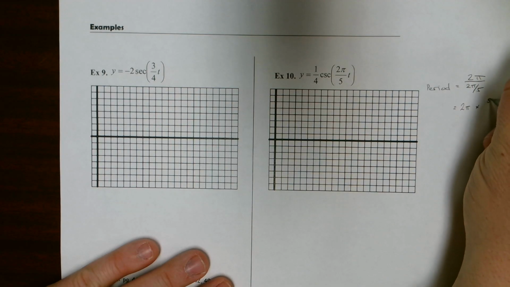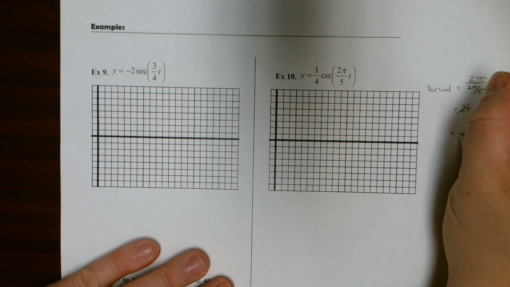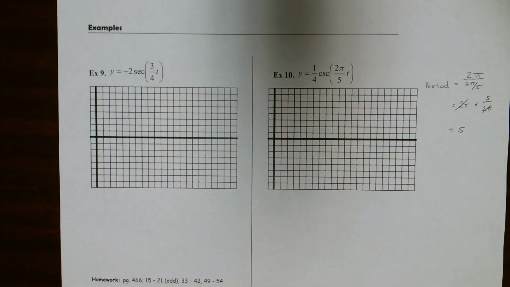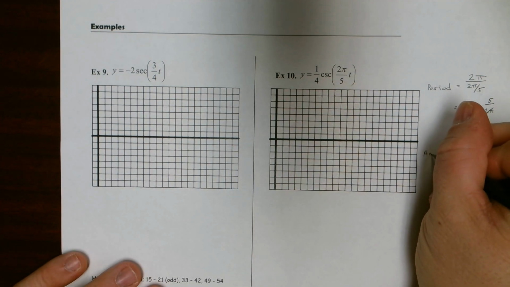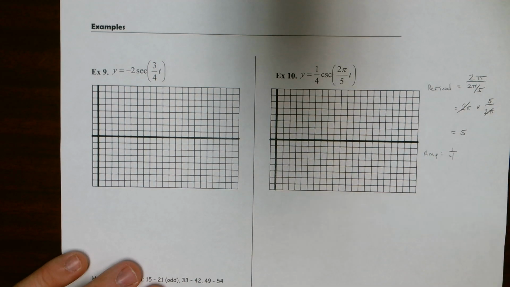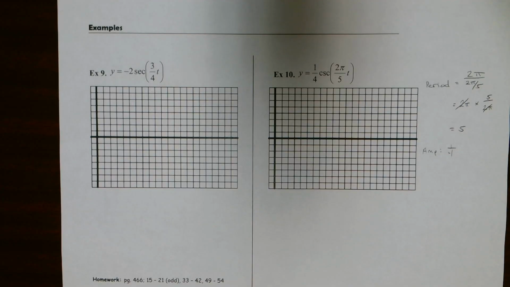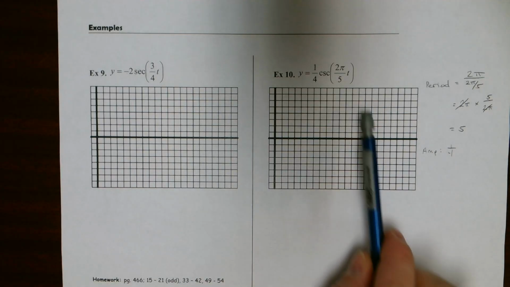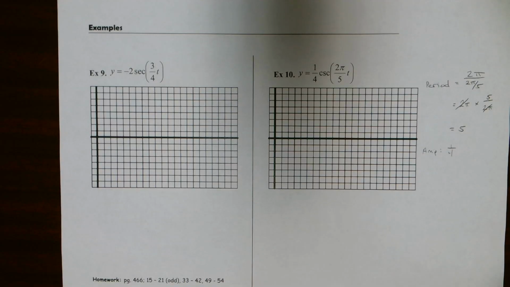You multiply and flip. So our period is 5. Our amplitude, and I use that with air quotes, but our amplitude is going to be 1/4. And now we can draw from there. We have no left, right, or up, down, which is very convenient for us this time.